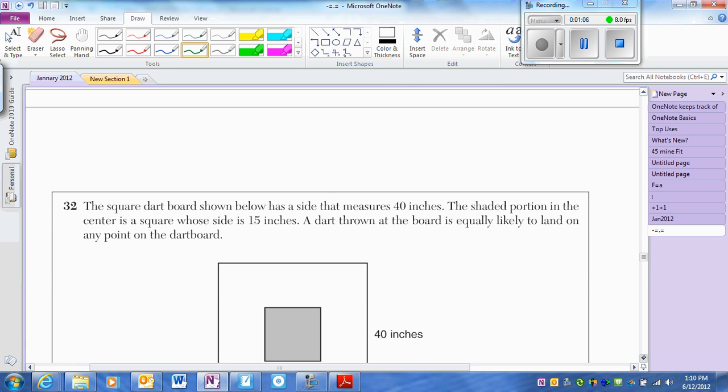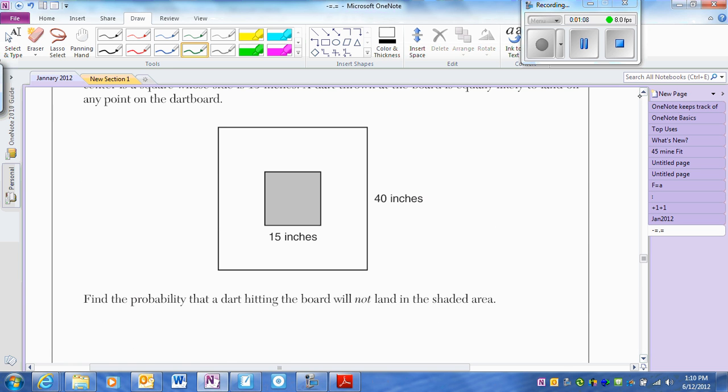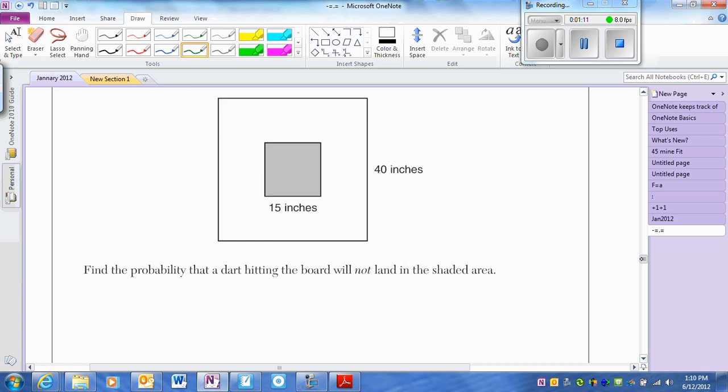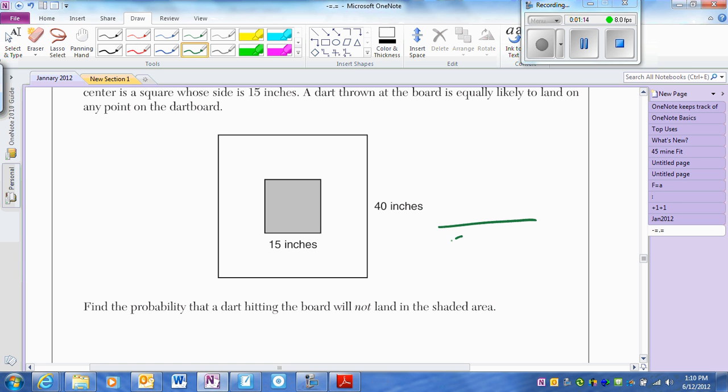Moving down. All right, so probability, we've already done this question once. Here we go again. Probability is everything over what I want. What I want over everything.